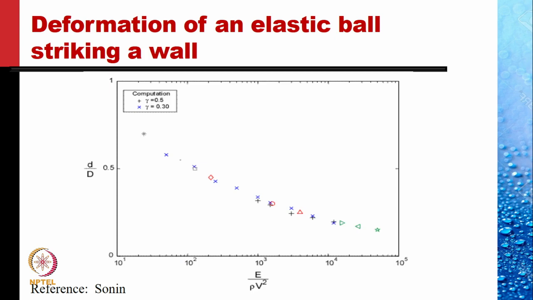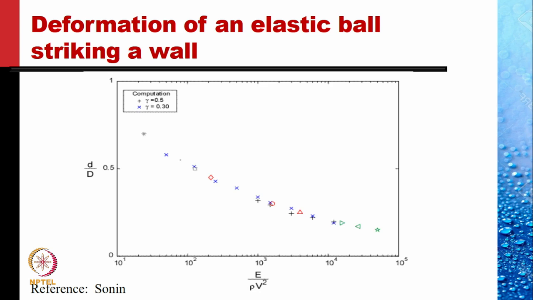You see that all the points collapse in one curve. In fact, this is quite independent of the Poisson ratio, which is denoted by gamma here, rather than nu. We plotted d by D versus E by rho v square. And there is only one line independent of the material, independent of nu, independent of D, independent of E, independent of rho.